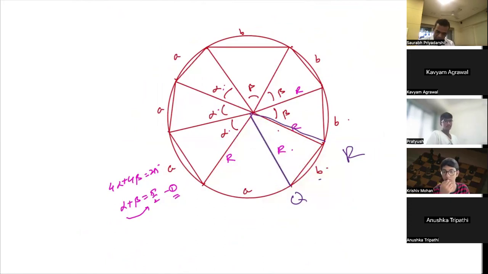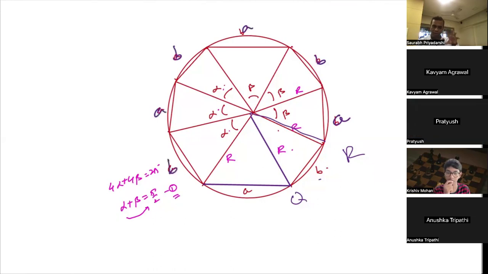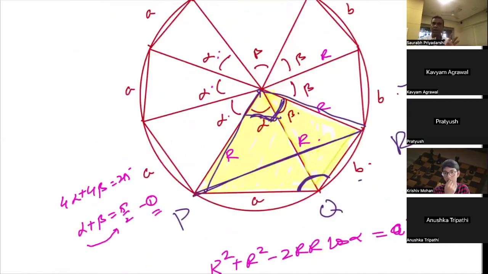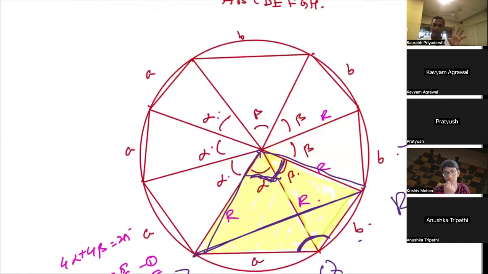But if you'll see, if I'm taking this as A, B, A, B, A, B, A, B, this polygon has the same arrangement with different orientation. Can I say this? Because in both the cases, I'm getting the same triangles, and that's giving you the same answer.